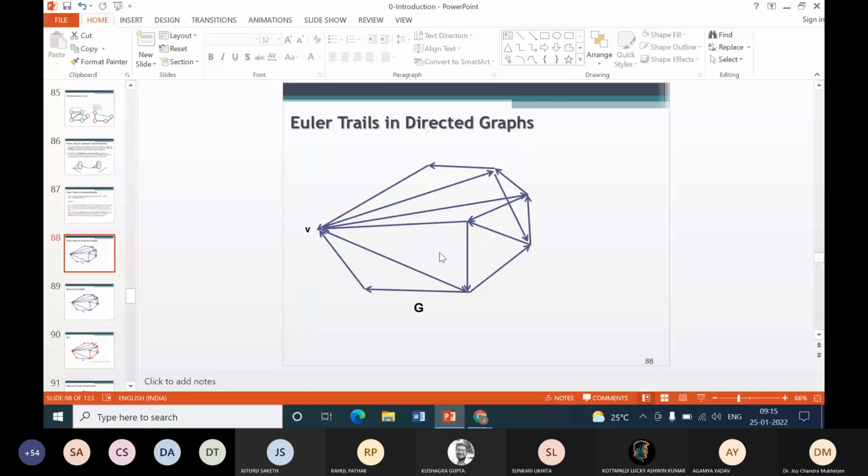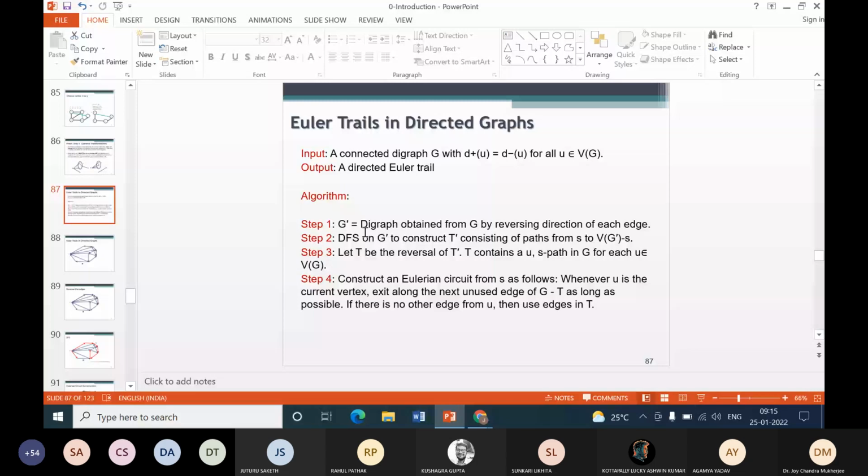So step 1 was, your input is G. Now you create a graph G prime by reversing the edges, a digraph obtained from G by reversing the edges.